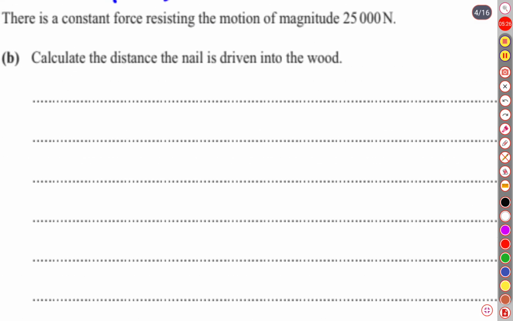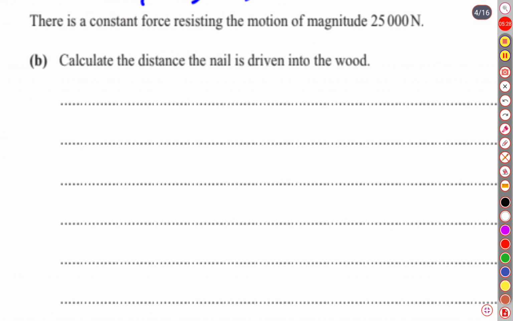One thing is very sure here, that we will have to find the distance, and for distance we simply apply the concept of the SUVAT formula. For any SUVAT formula, we'll have to know the acceleration of the object. So for acceleration we will have to apply Newton's law of motion.